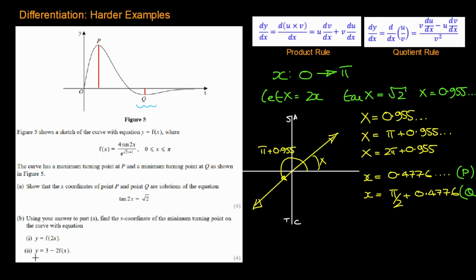In part 2, they now need the minimum point of this curve. Now, what they've done is they've taken f(x) and they've turned it upside down by this negative sign. So they now want this solution. And if you notice, it's not f(2x) anymore, it's f(x). So we can take this original curve. So let's have a look at what they've done to the curve. Yes, we've already established they've turned it upside down by this negative sign.